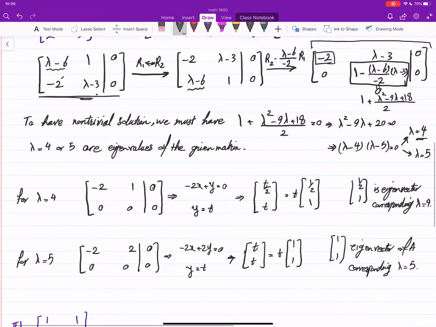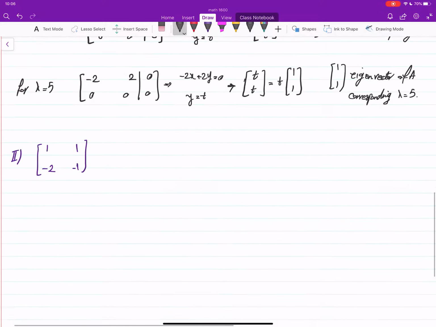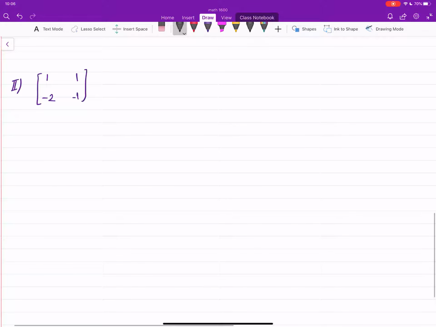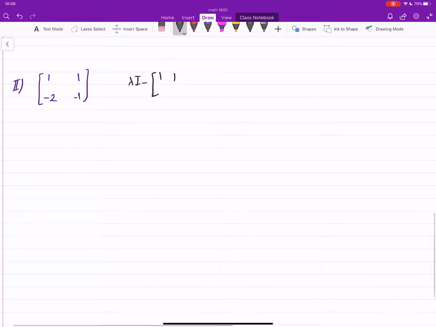I will try to do another example here, very quick this time, and we'll find eigenvalues and eigenvectors. So first thing is find lambda I minus A. What is I? Let me write that. So identity matrix, 2 by 2 identity matrix.